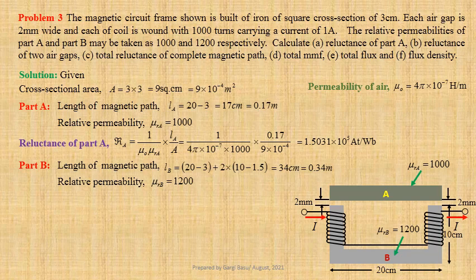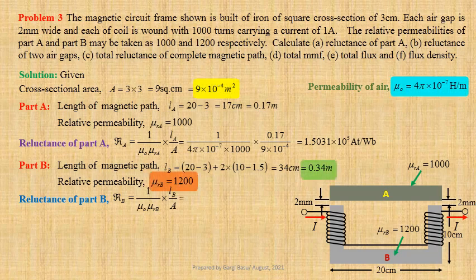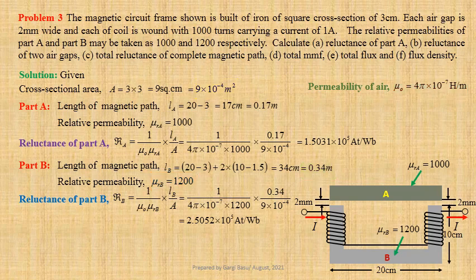Let us now calculate reluctance of part B. Rb equals 1 upon mu 0 mu Rb into Lb by A. Using values we get 1 upon 4 pi into 10 to the power minus 7 into 1200 into 0.34 by 9 into 10 to the power minus 4. That gives us 2.5052 into 10 to the power 5 ampere turns per Weber.